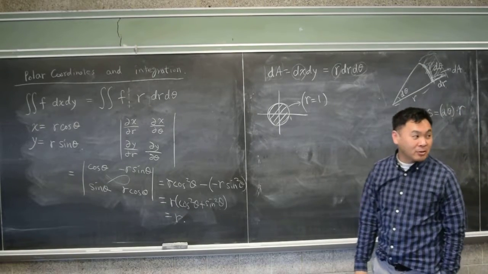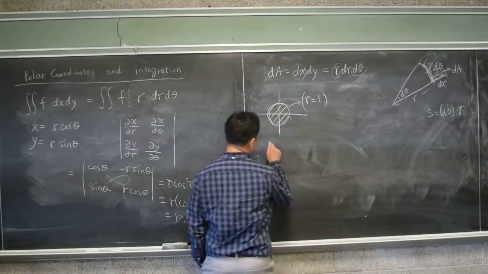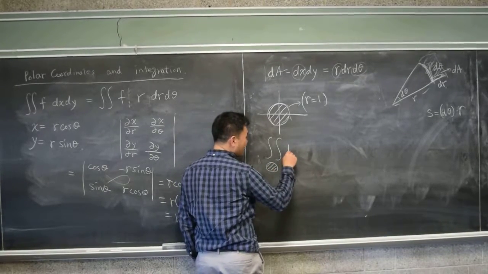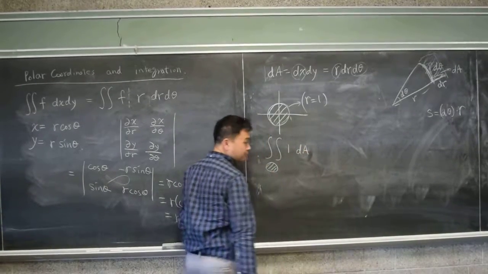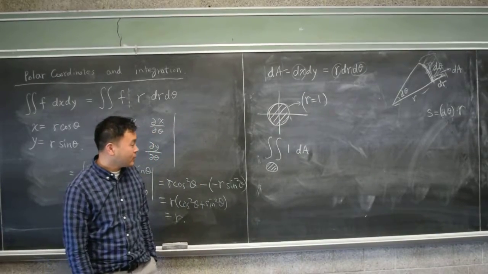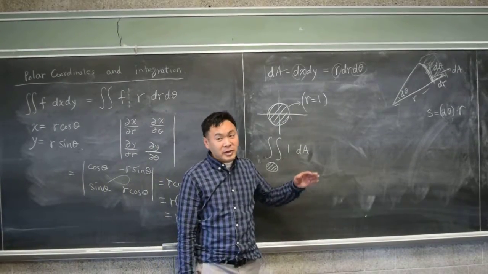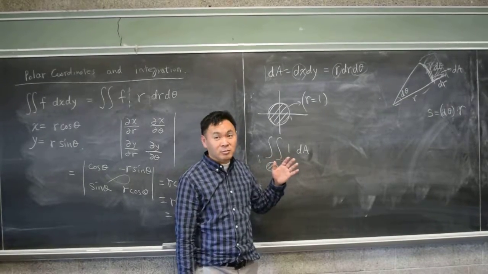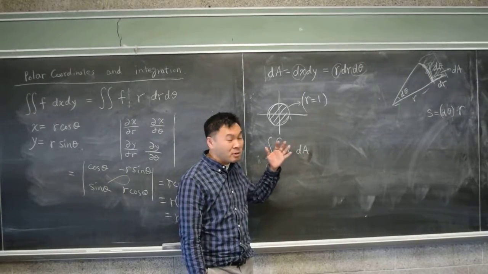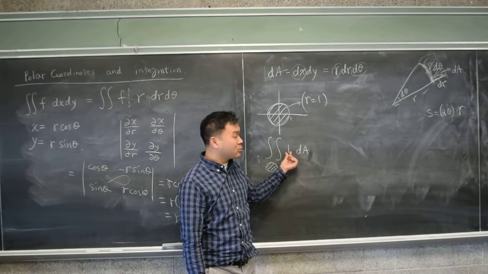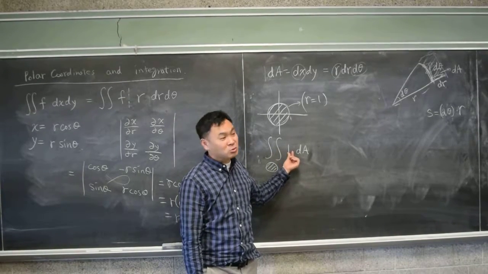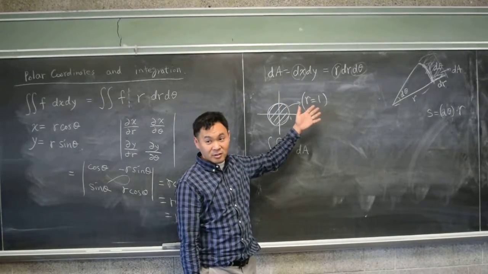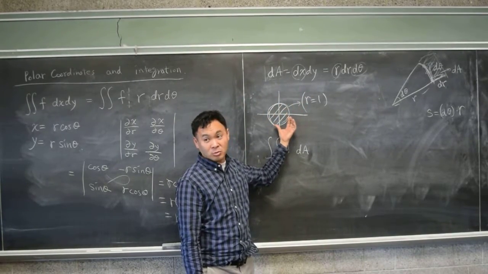Now let's think about integrating over this circle 1 dA. I explained before that such an integral means area, the volume under the curve, volume under the surface. So you really have to think about this function z equal to 1, which is a plane of height 1, over this domain.